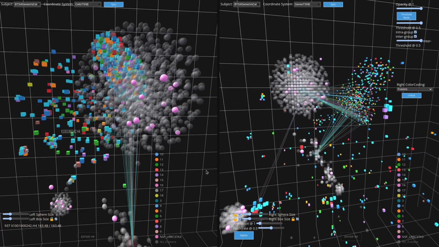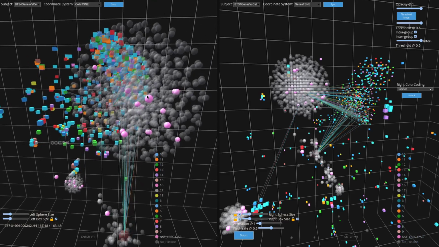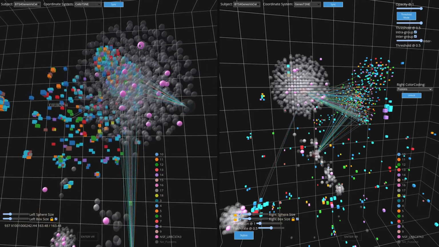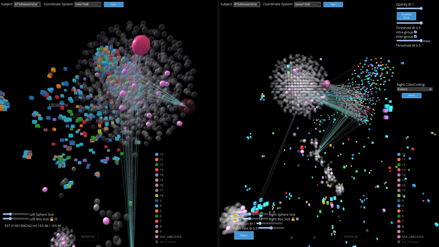So we can click on some of these cells and take out the skybox. It's a little distracting.